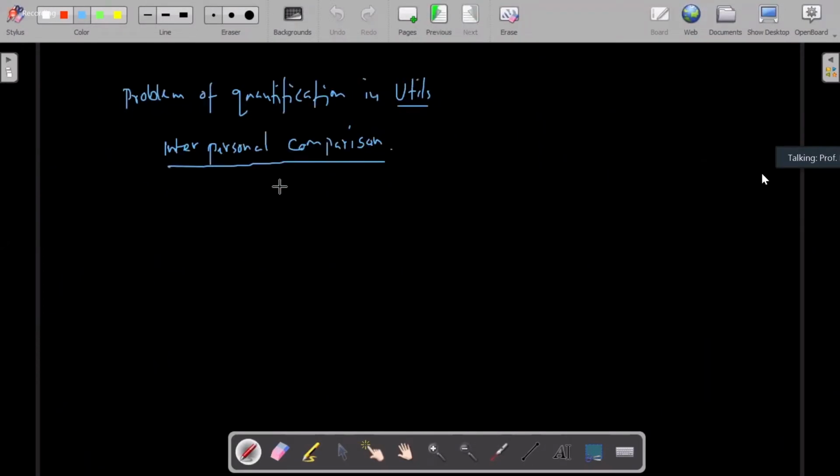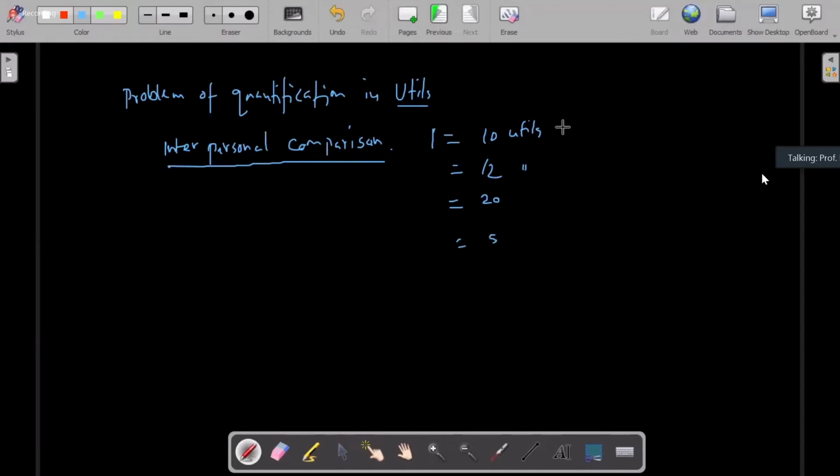You see, interpersonal comparison. Someone says that 1 apple is 10 utils. Another will say that 1 apple means 12 utils. I'm going to say that no, I love apple, so my util is 20. Another person says that I don't like apple, so my utility is only 5.